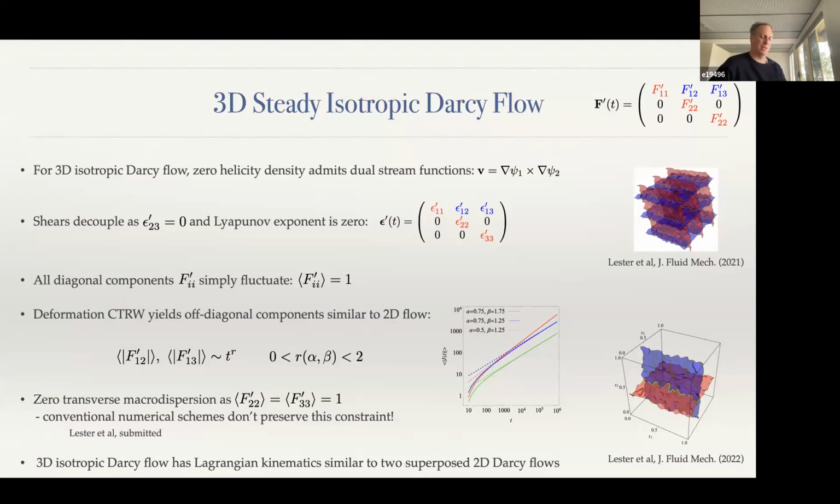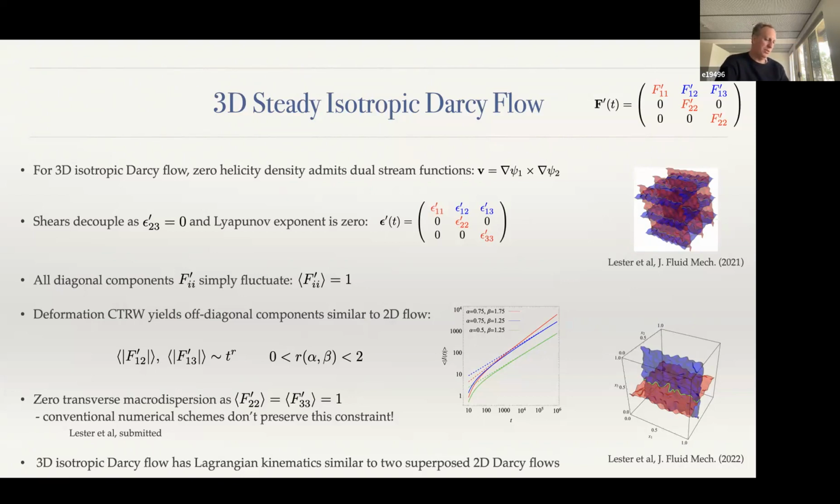And so then the kinematics of these flows are actually very similar to two-dimensional flows in themselves. Because of this, all the diagonal components of the deformation tensor simply fluctuate, and the ensemble average of those is 1. And then the only components that grow with time are now the F12 and the F13 components. So these are again these shear components.